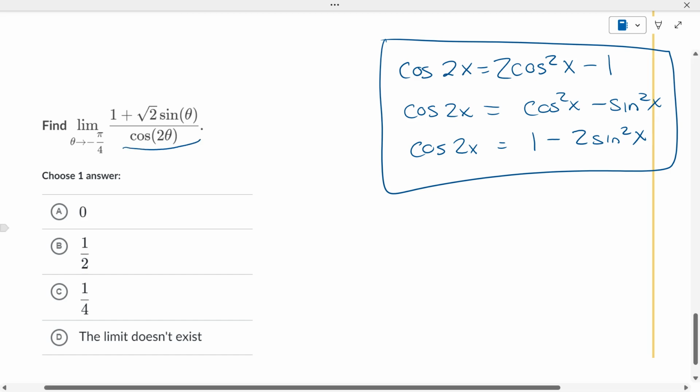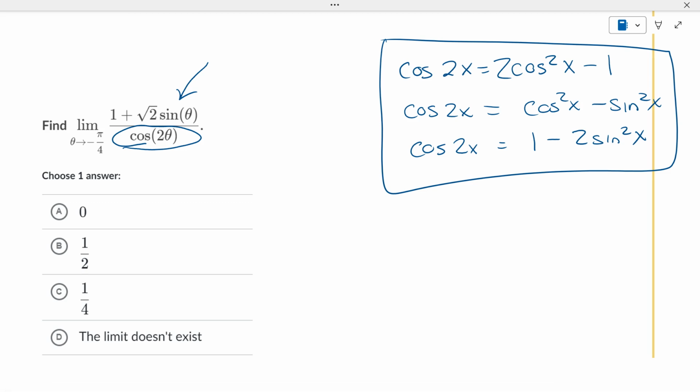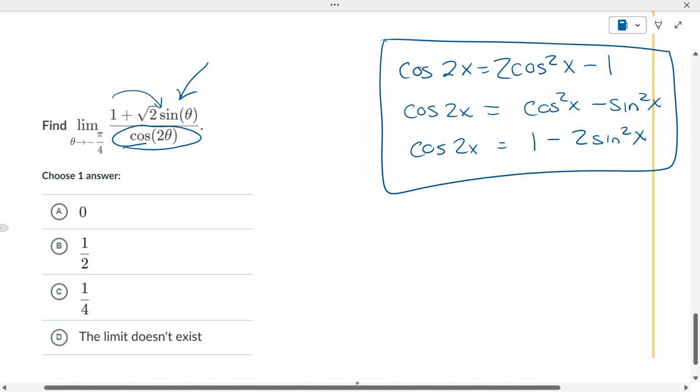Now, when you see the cosine of 2x in the denominator here, and this in the numerator, which of these three do you think I should probably use? The first one, the second one, or the third one? Well, if I have 1 plus the square root of 2 sine of x, that looks a lot like this, right?